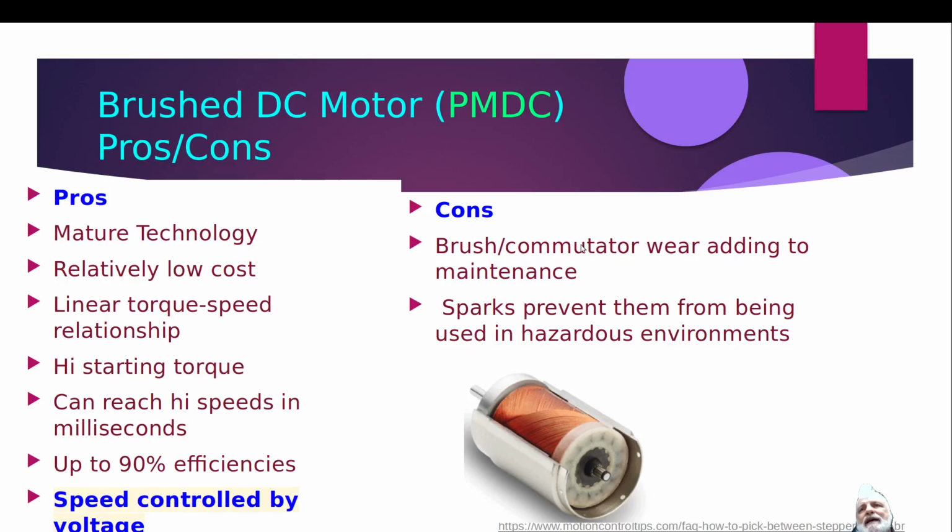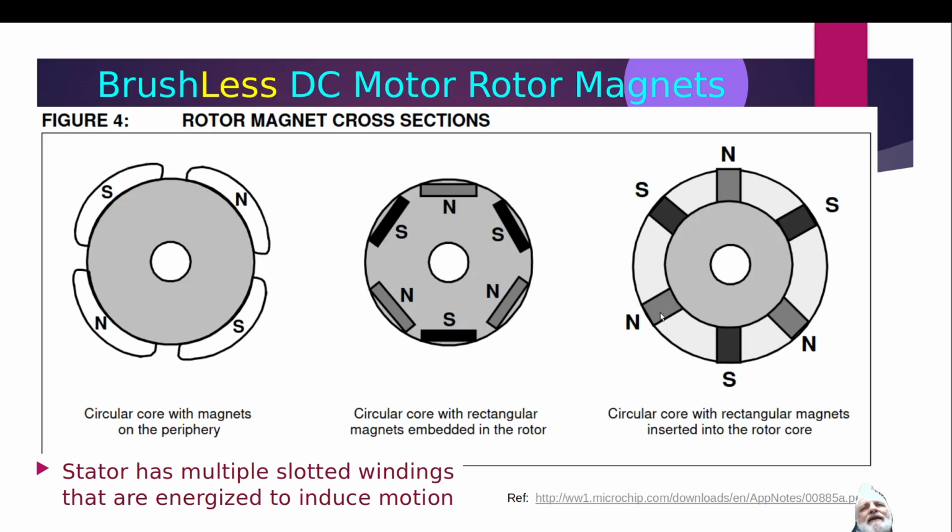The downsides, as I mentioned, are that they do wear, and also there are sparks that occur at the contacts of those brushes. So if you're in an environment where you have, for example, explosive gas in the air, those sparks could cause an explosion. So you can't use them in those types of environments.